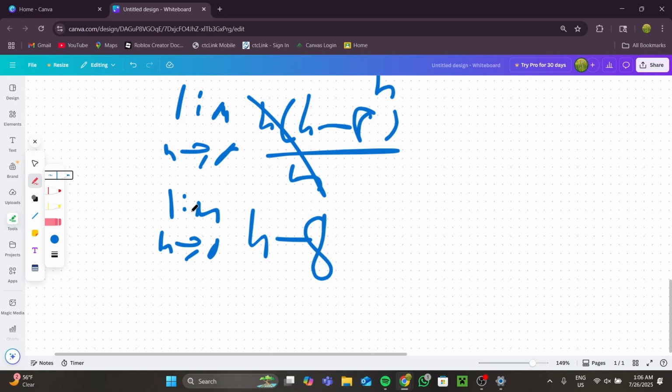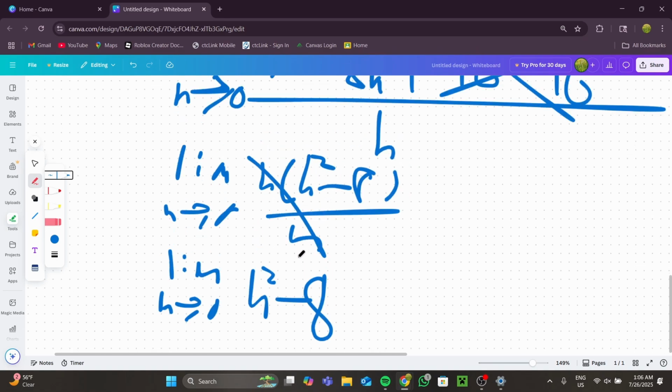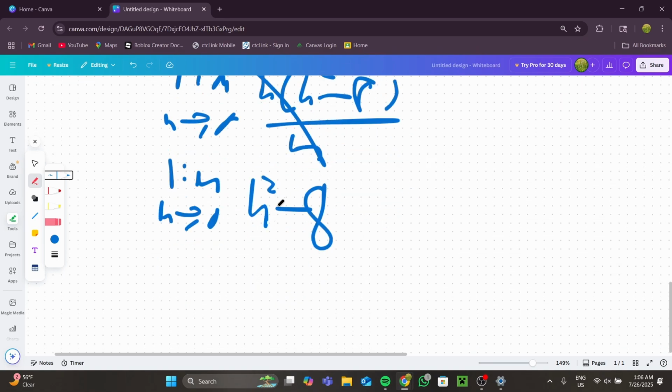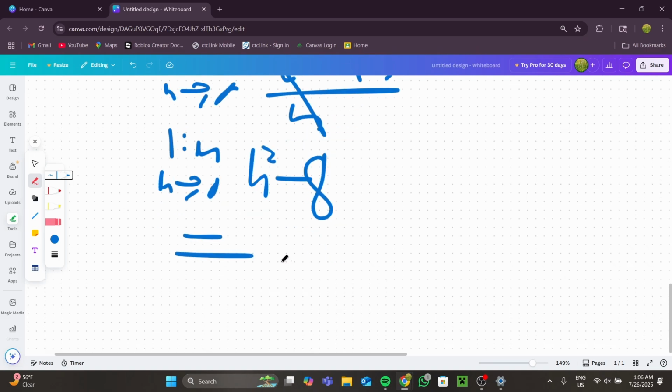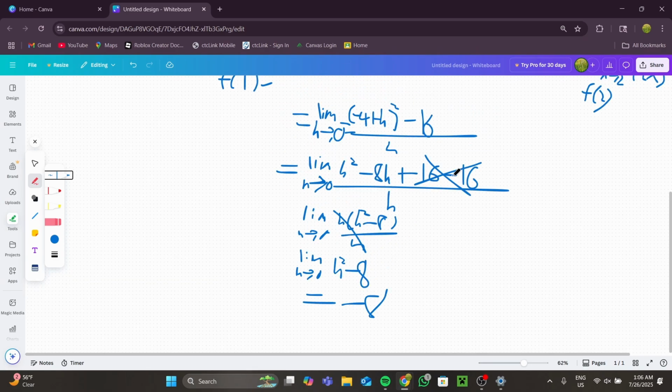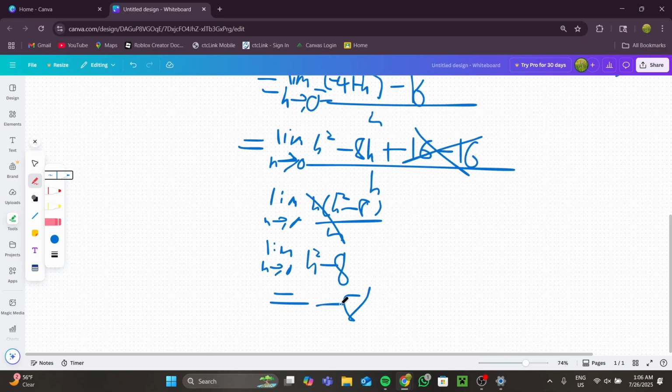So, h goes to 0, 0 minus 8, so we're left with -8 as the answer. So the limit as h goes to 0 equals -8, and f of 0 in this case would not exist. Important thing to note there.